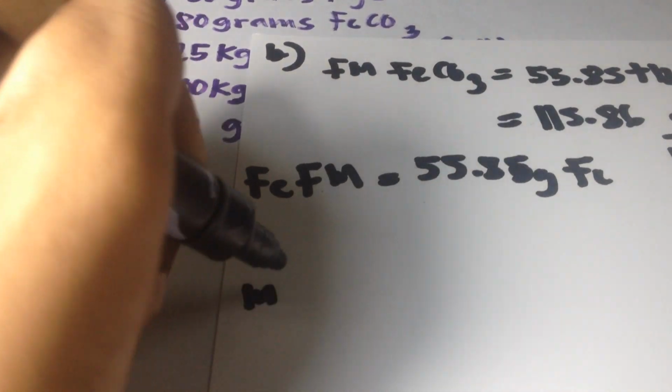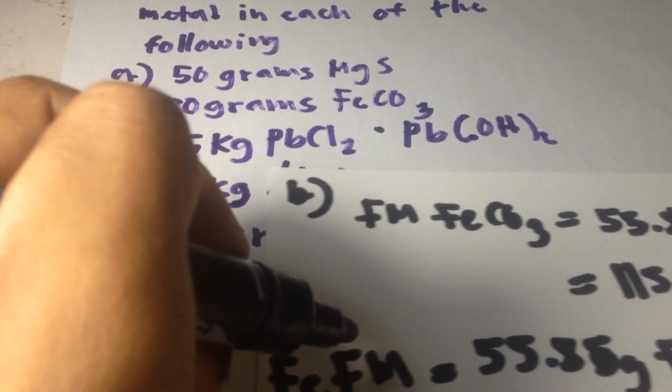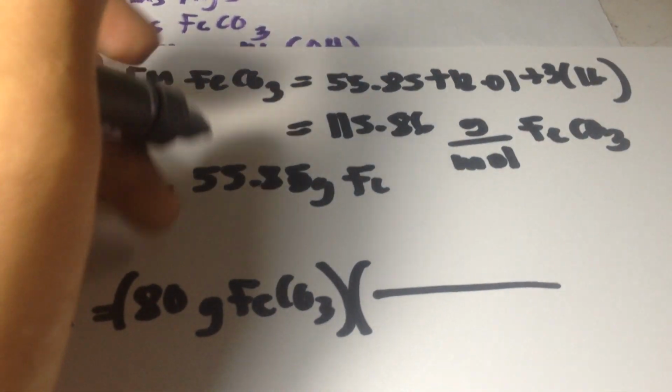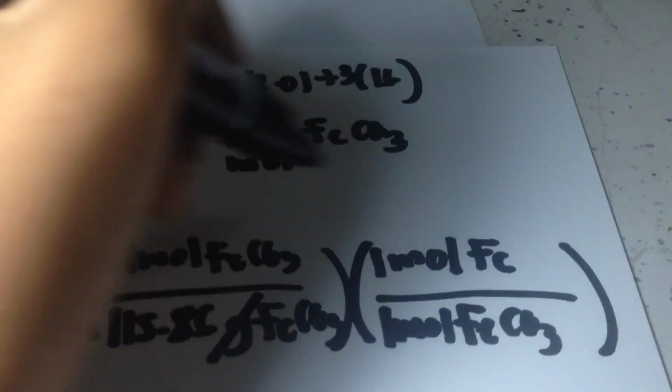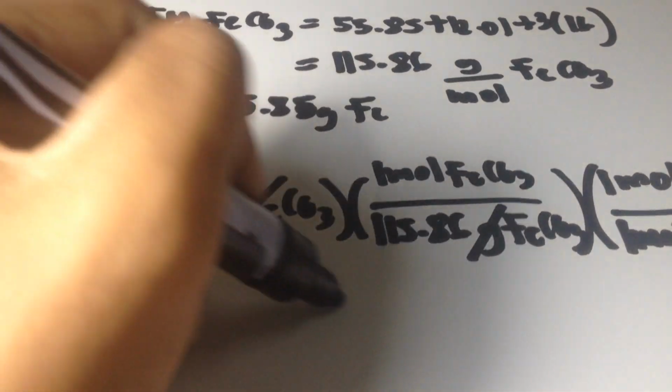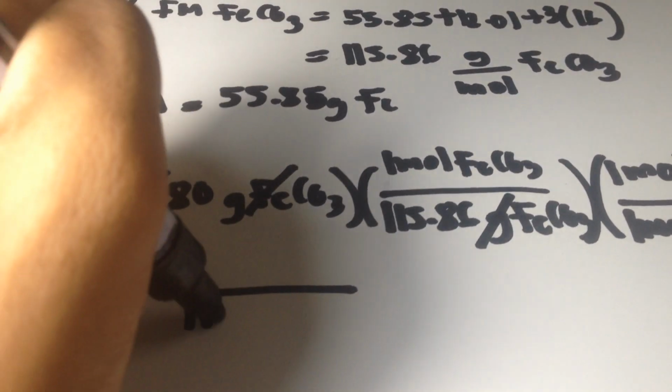So the mass of iron is equal to 80 grams of iron(II) carbonate times 1 mole of iron(II) carbonate over the formula mass, which is 115.86 grams of iron(II) carbonate. Then times 1 mole of iron over 1 mole of iron(II) carbonate, then times the molar mass of iron, which is 55.85 grams per 1 mole of iron.